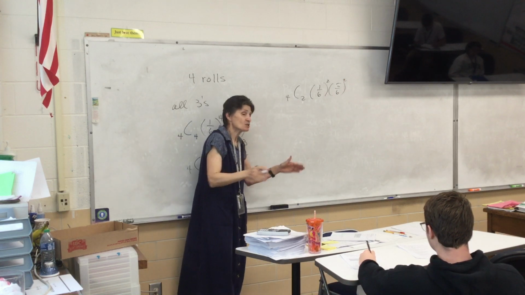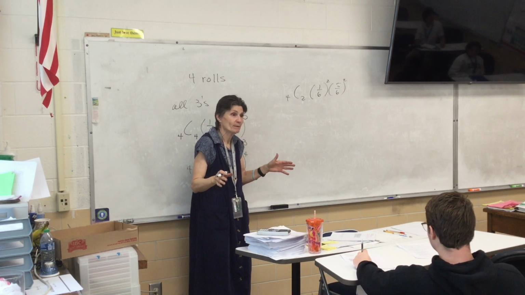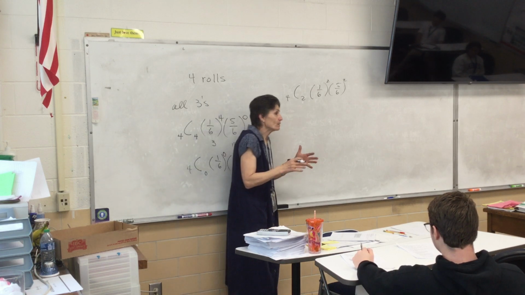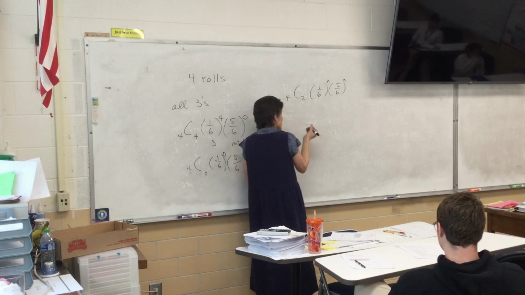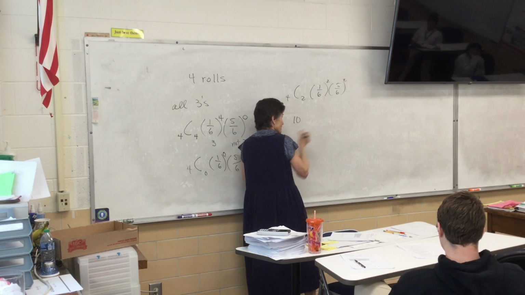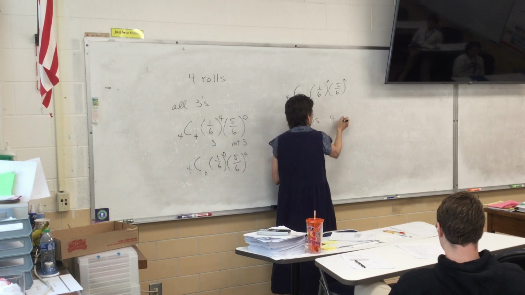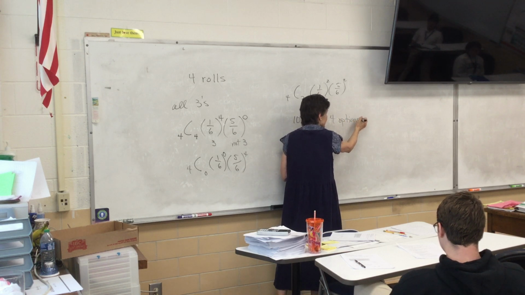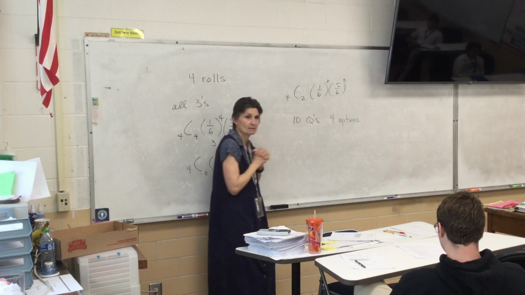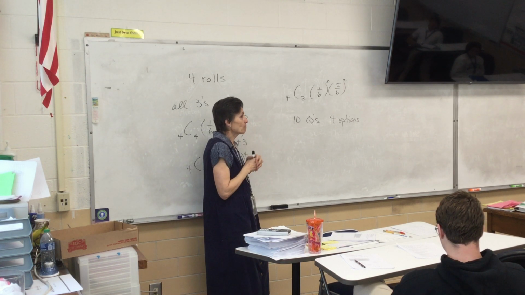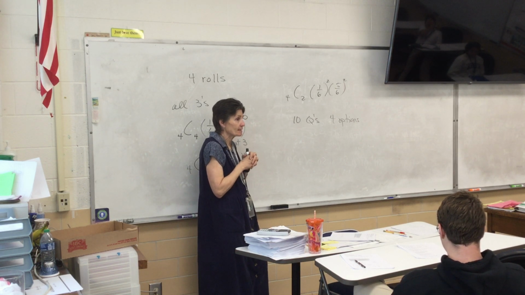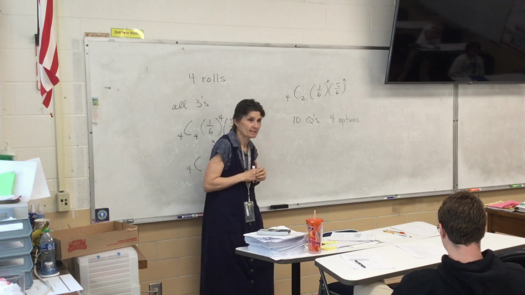You can do this with anything that's binomial. So think about a multiple choice test. Let's say there are 10 questions, and they have 4 options, A, B, C, D. It's a multiple choice test. And you're guessing. What's the probability that you will guess exactly 9 right?